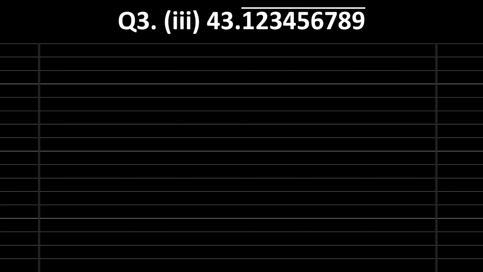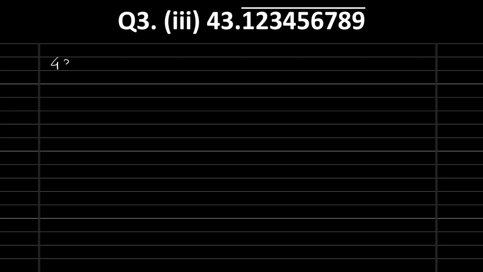Now this is the third subpart of question number 3. 43.1, 2, 3, 4, 5, 6, 7, 8, 9 with a bar. Now observe here carefully. Above 1, 2, 3, 4, 5, 6, 7, 8, 9, we have a bar over here. What does that mean?